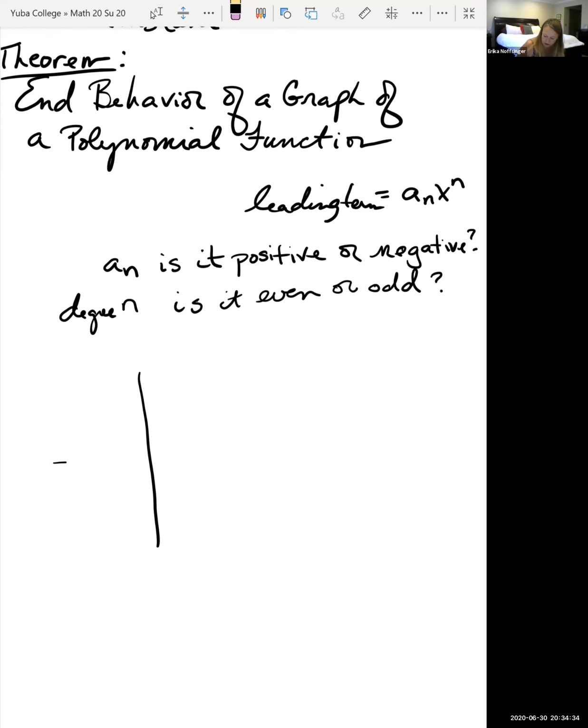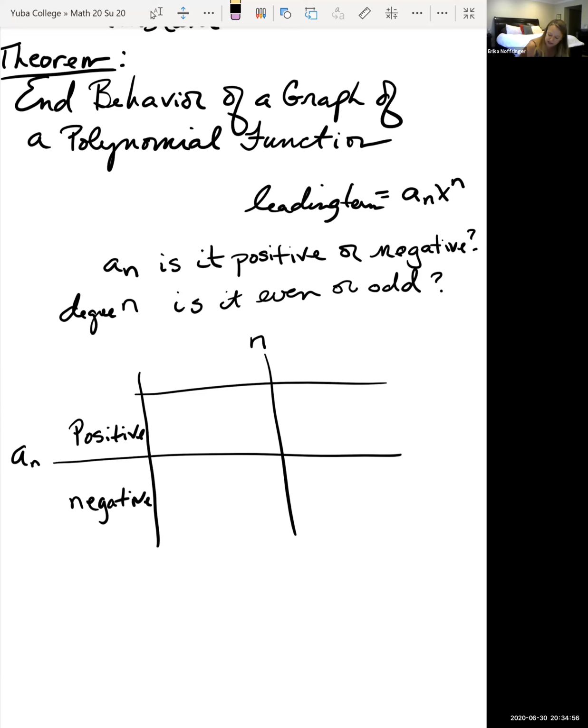We have our a sub n value, and it can be positive or it can be negative. We have our degree n, this is either even or odd.